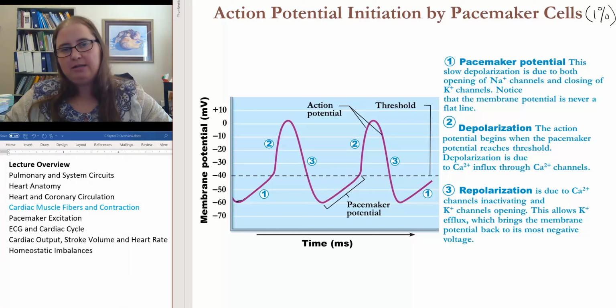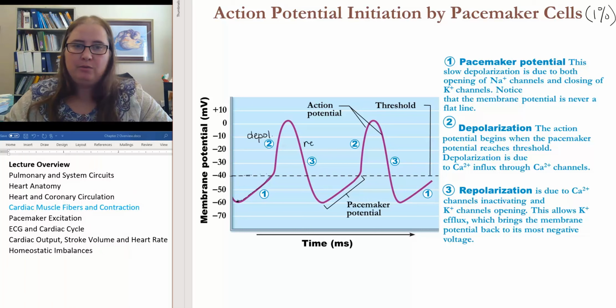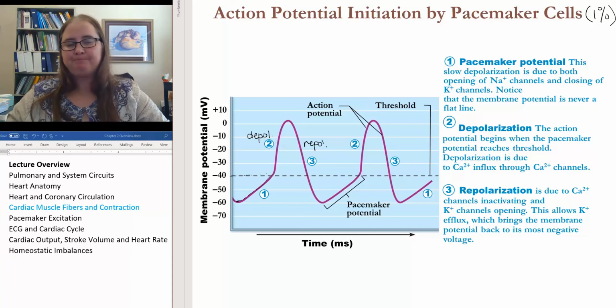And then all of a sudden we get this slow trickle up. And what happens is when this cell meets threshold, it depolarizes. So this is our depolarization. And this is our repolarization. Okay? So what's happening is the following.